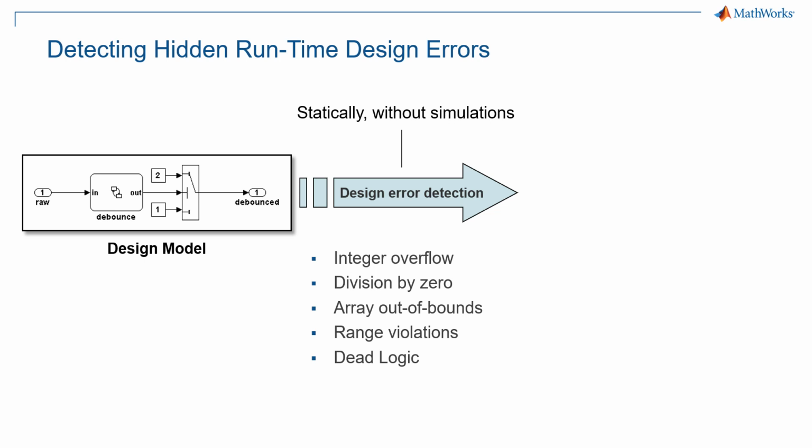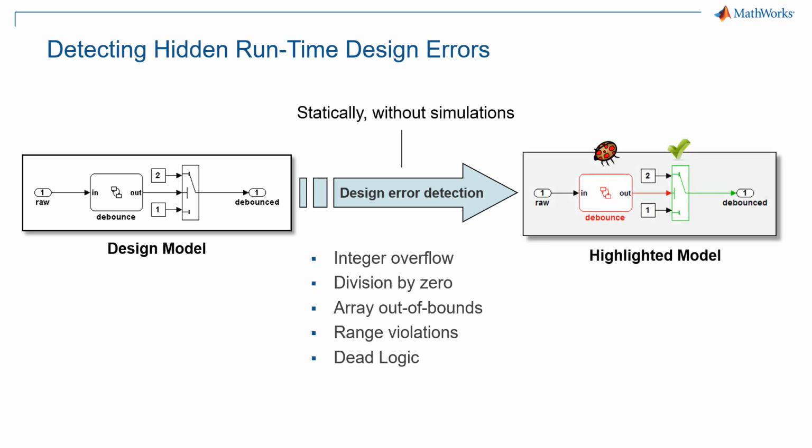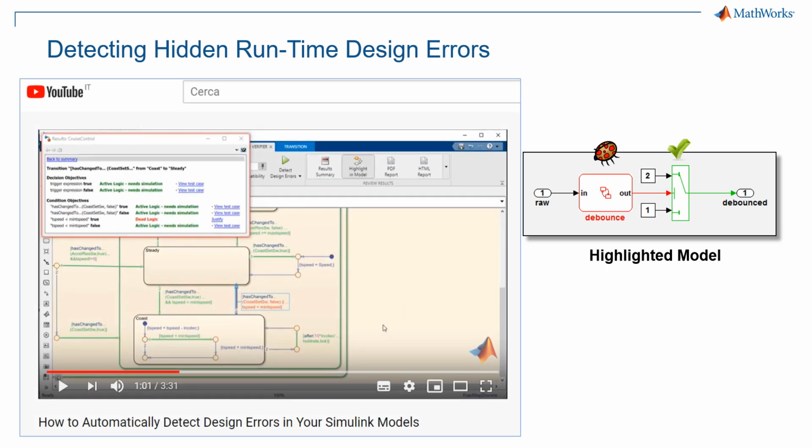These scenarios usually indicate bugs in your designs. When we run these, safe contracts are highlighted in green and constraint violations in red. If you want more details, please refer to the short video on YouTube, How to Automatically Detect Design Errors in Your Simulink Models.